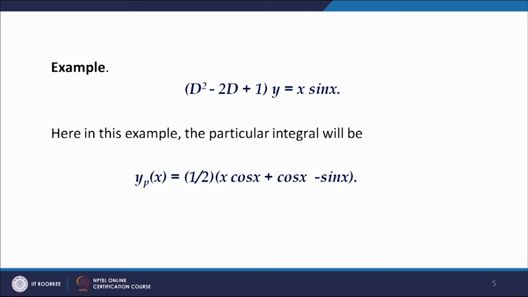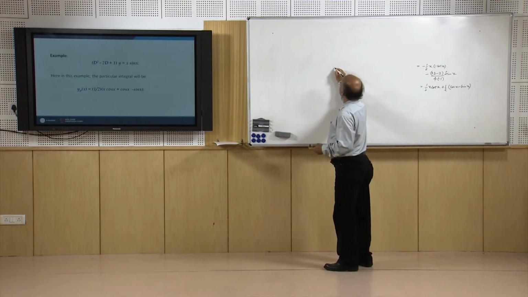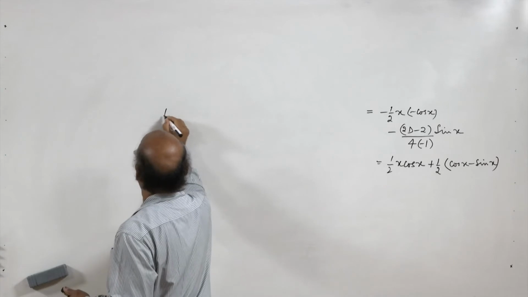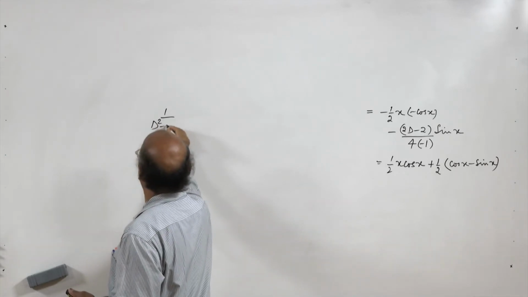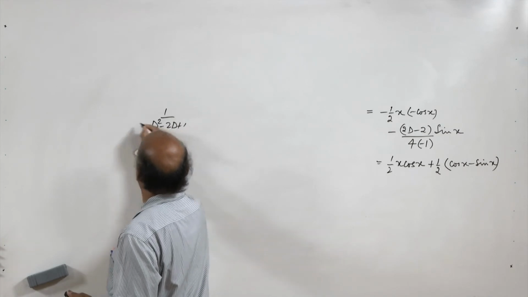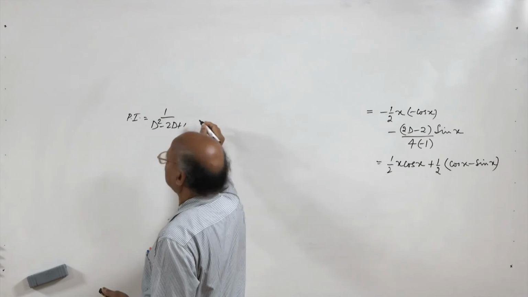So, let us see the alternate method here. Let us find the particular integral by an alternate method.